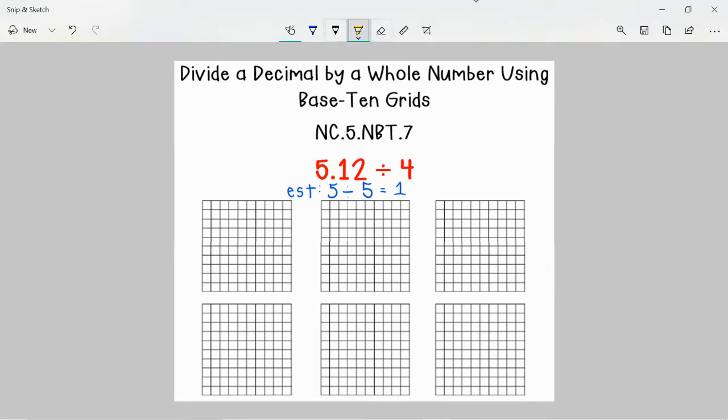To begin to solve, the first thing we want to do is represent the number that's going to be divided, which is the 5 and 12 hundredths. So we'll shade 5 and 12 hundredths on the grid. Remember that each flat, or each large square, represents one whole.